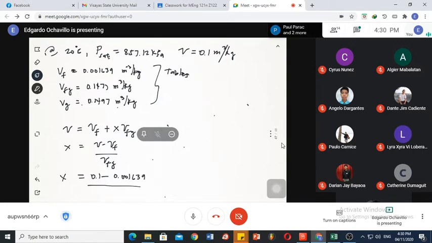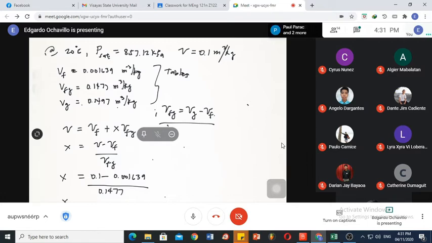This VFG here is the difference of the specific volume of your vapor minus the specific volume of your saturated liquid. These values are given already in the tables, but this is your equation, and you can verify it by this.